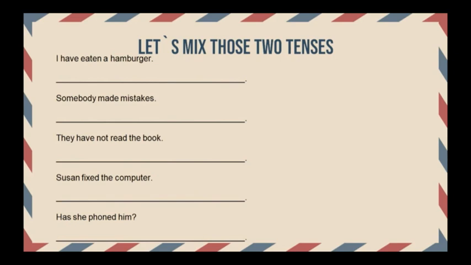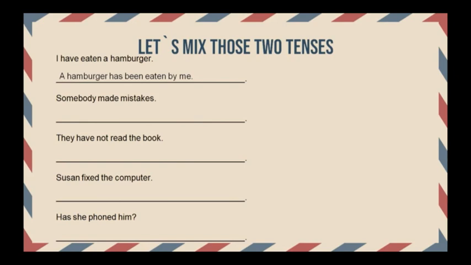Let's start. I have eaten a hamburger. Okay, so I is subject, have eaten is a verb in present perfect simple, and a hamburger is an object. So a hamburger has to be the subject of the passive sentence. Then a hamburger has been eaten by me.